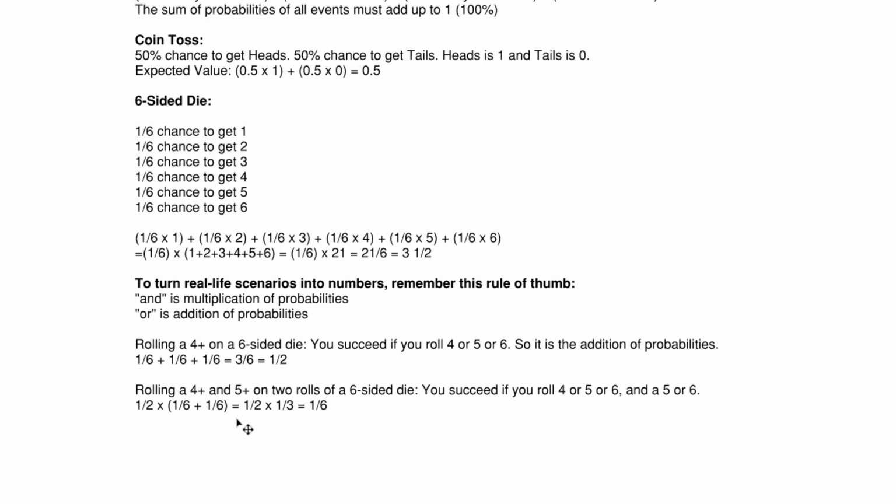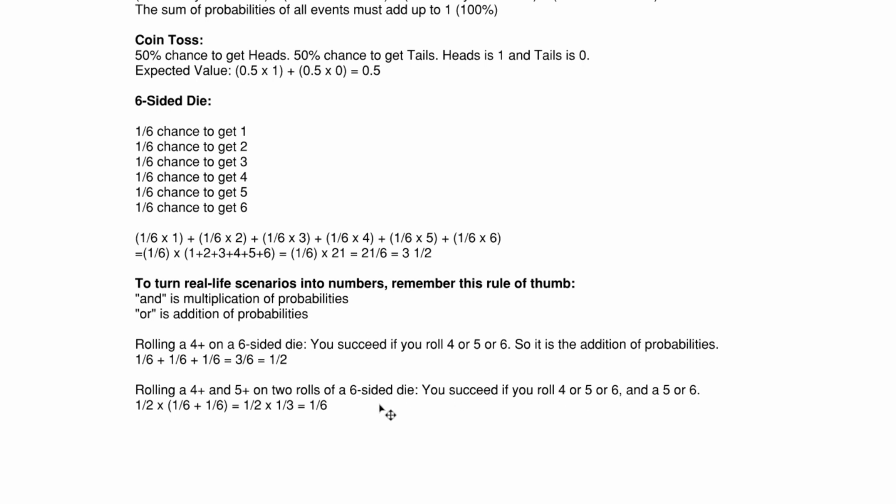Now, the next scenario is rolling 2 dice. So you're rolling a 4 plus and a 5 plus on 2 rolls of a 6-sided die, and that is your win condition. So what is the probability that you're going to win? Well, you succeed if you roll a 4 or a 5 or a 6 and a 5 or a 6.